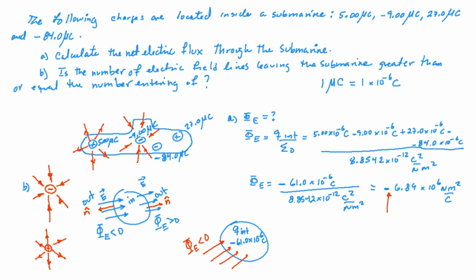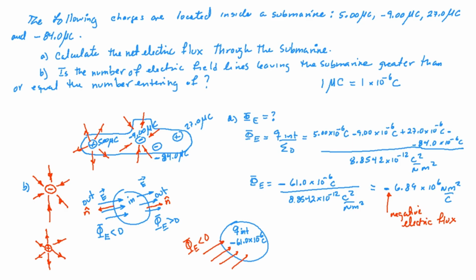So the negative electric flux is because the Q inside, the Q interior, is negative. So the lines go from outside to inside. The electric field lines go from outside to inside.